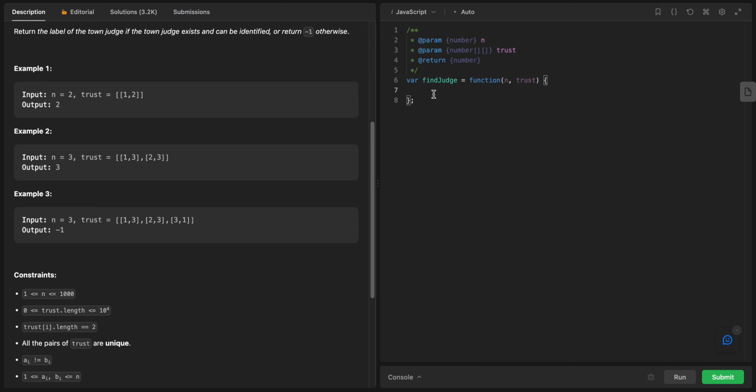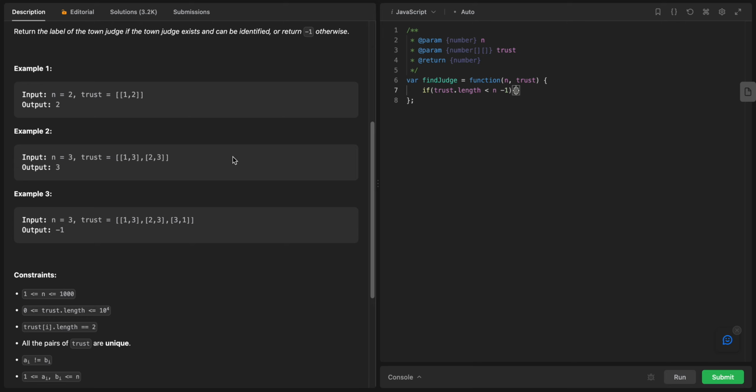So let's just try to code. I'll say if trust dot length is less than n minus 1. That means not everybody trusts. For example, if n equals 3, at least I expect to have two people trust one person.